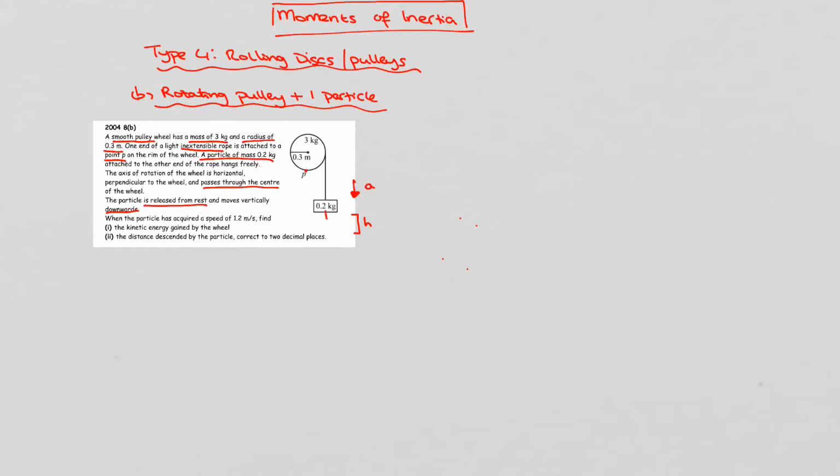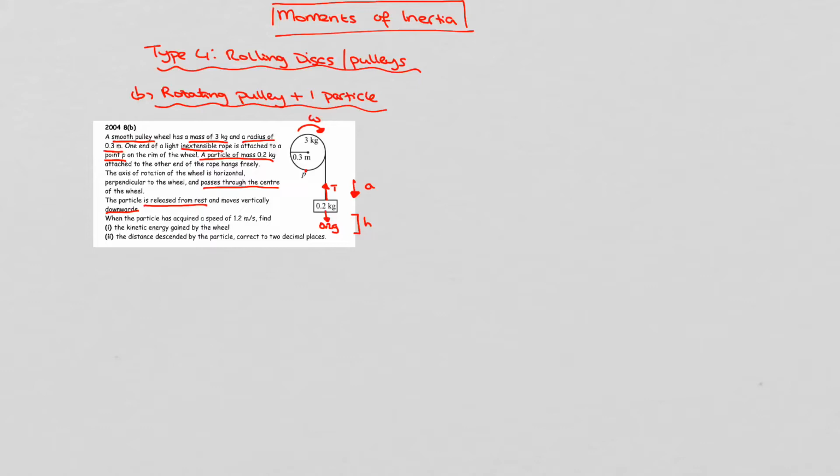It's going to accelerate down because of gravity acting on it. So we'd have our mass, 0.2, times gravity, and of course we'd also have tension acting up in the string, and we'd have some angular velocity as the disc is rotating, and then we'll also have linear velocity as the particle accelerates in a downward direction.